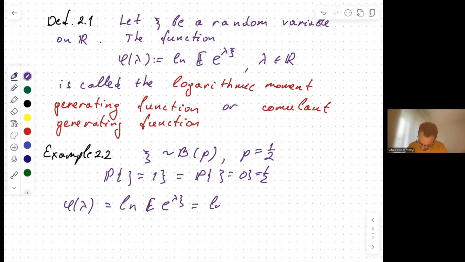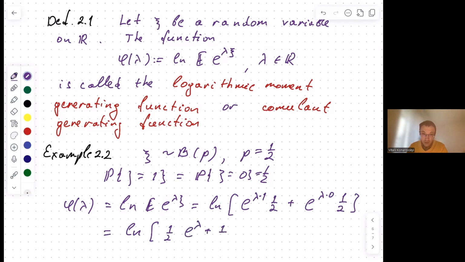It is logarithm, and then you have two values: e to the lambda multiplied by 1 over 2, plus e to the lambda multiplied by 0, or rather 1 over 2. It gives you the logarithm of 1 over 2 e to the lambda plus 1 over 2.